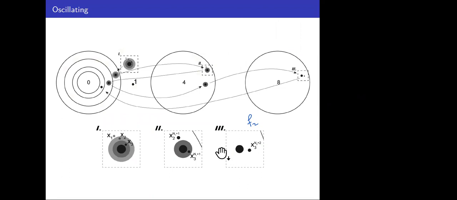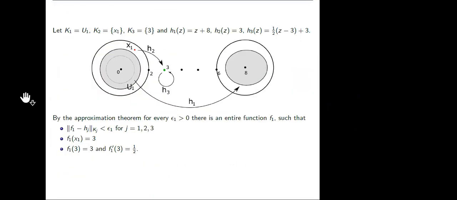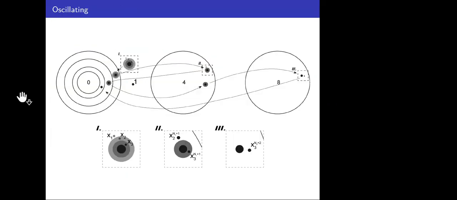So you can also achieve, that was the example of an escaping wandering domain. You can also make it oscillating with a similar idea, having points accumulating on the boundary, where you eventually want to map them to a fixed point.